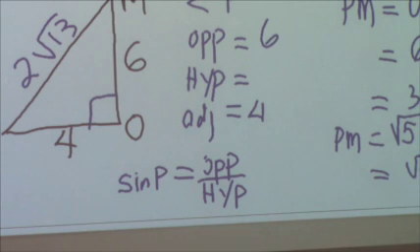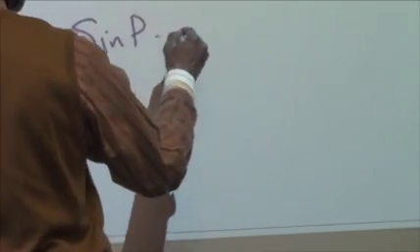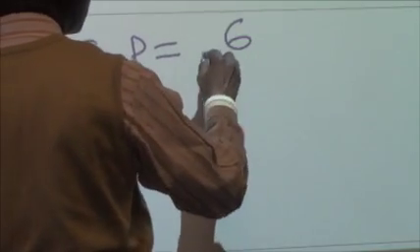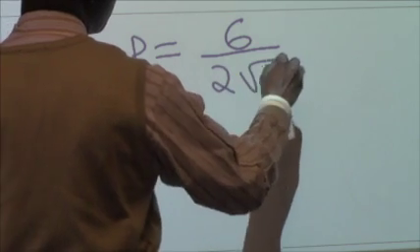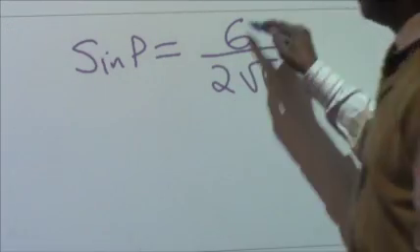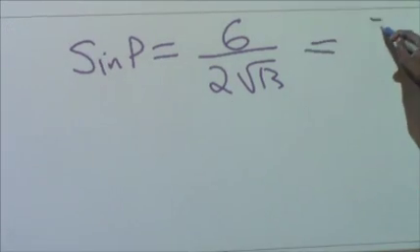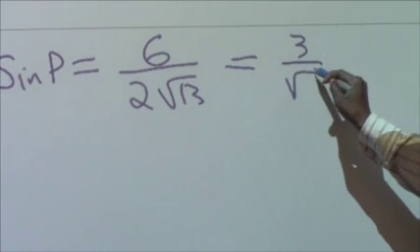The side that is opposite P is 6, and the hypotenuse is 2 square root of 13. So the sine of P is equal to 6 over 2 square root of 13. And when we divide here, we're going to have 3 over square root of 13.